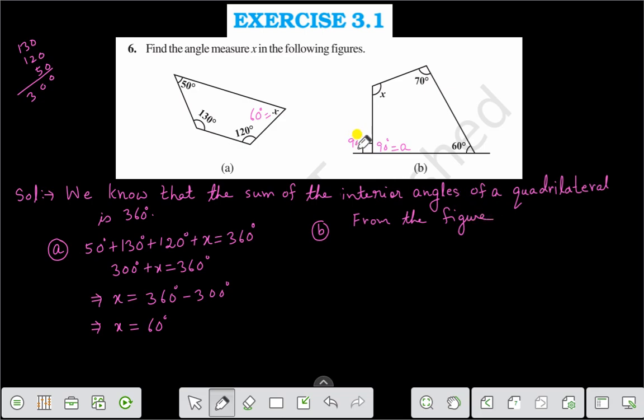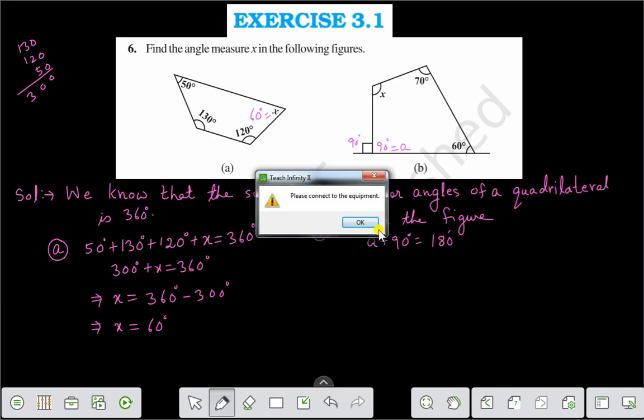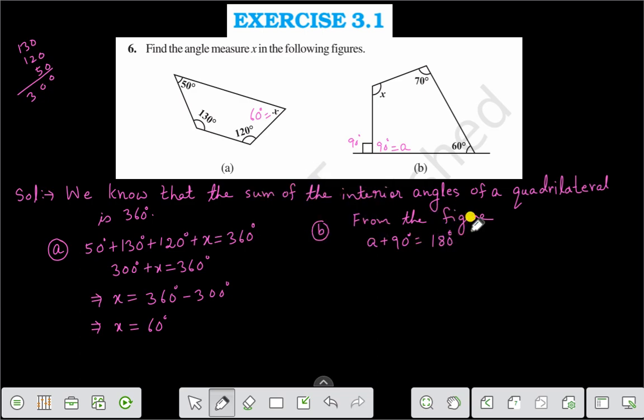It is 90 degrees given, that is a plus 90 degrees is equal to 180 degrees, because it is a linear pair.